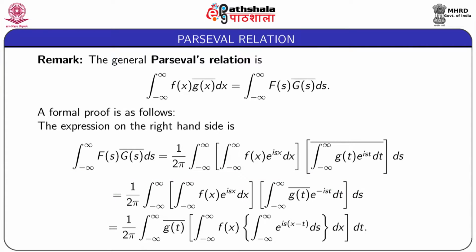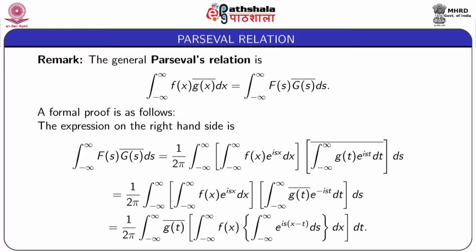So, if we consider the complex conjugate of e to the power i s t in the last integral as e to the power minus i s t, we can write this as 1 by 2 pi integral minus infinity to plus infinity of the integral of f(x) e to the power i s x dx into the integral from minus infinity to plus infinity of g bar(t) e to the power minus i s t dt, ds.